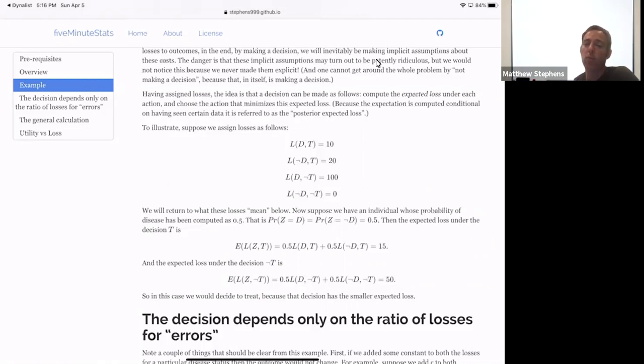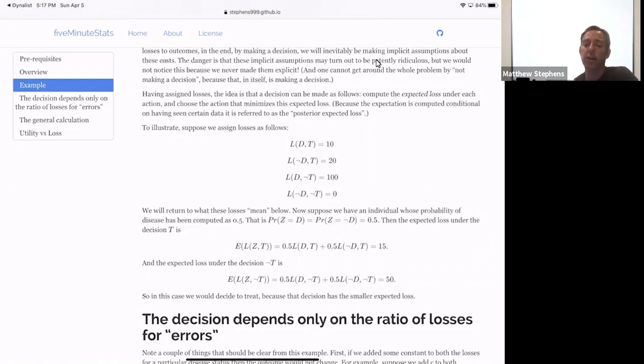So we can either decide to treat, that's T, or not treat, not T. And we can compute the expected loss under each of those two circumstances. Let's suppose we've computed our likelihood ratio, our posterior odds and our posterior probabilities based on the data and the prior, and we got posterior probabilities of 0.5.